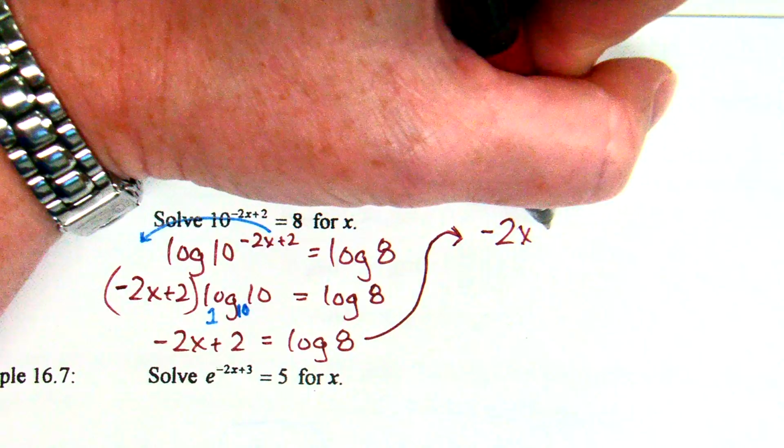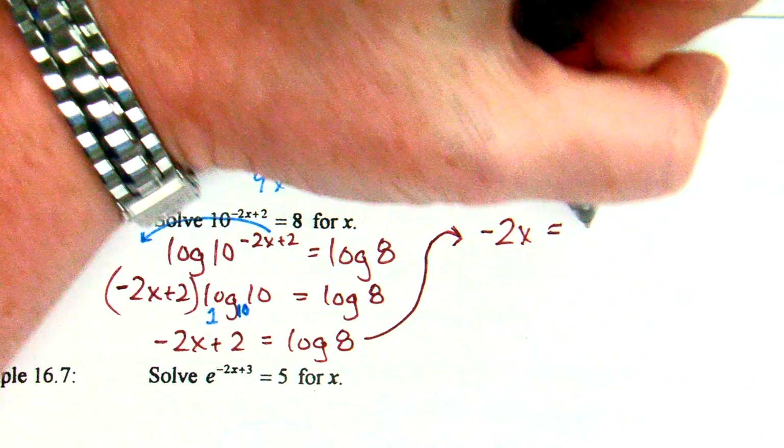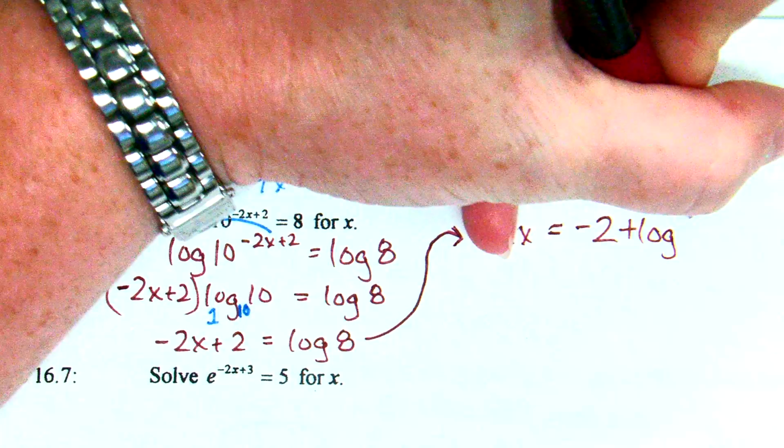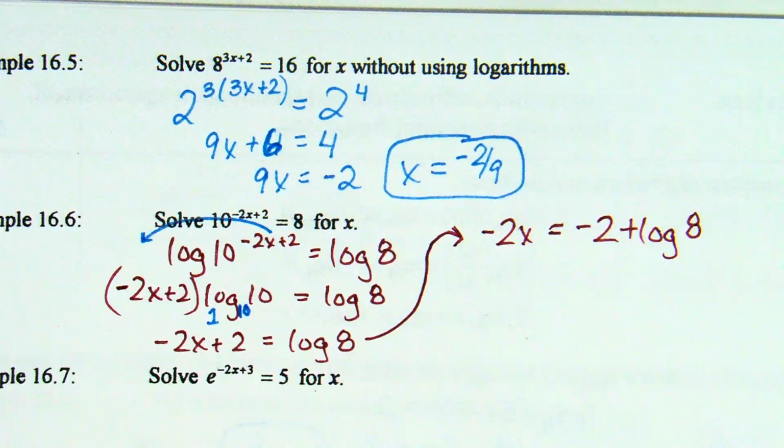Okay, it's log 8 minus 2. I'm going to put negative 2 plus log of 8. The reason I do that is because log of 8 minus 2 would put that minus 2 in the log, or not in the log. So that's why I put it out front. Then divide by negative 2.